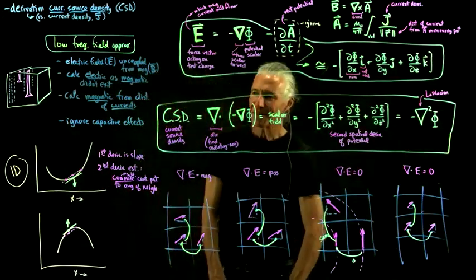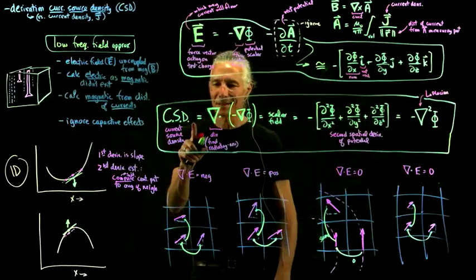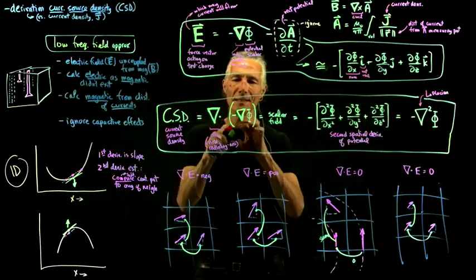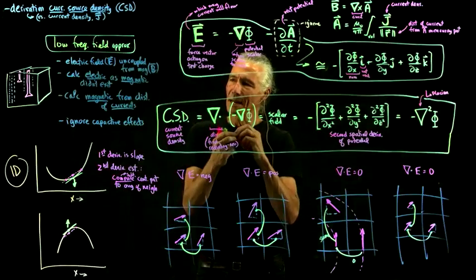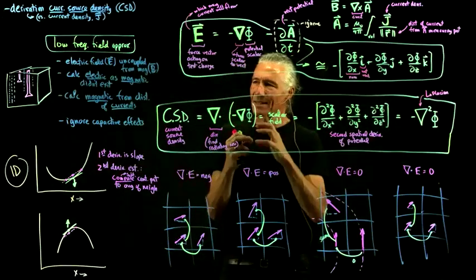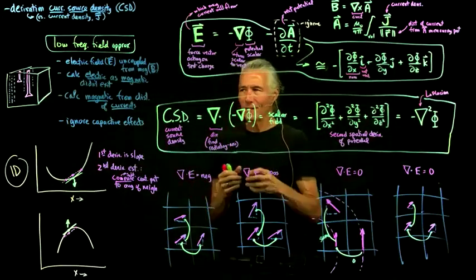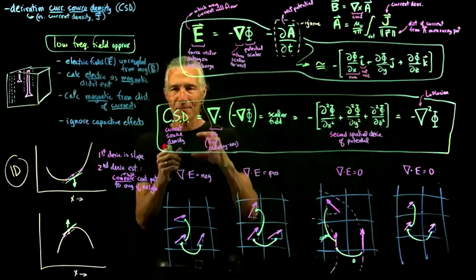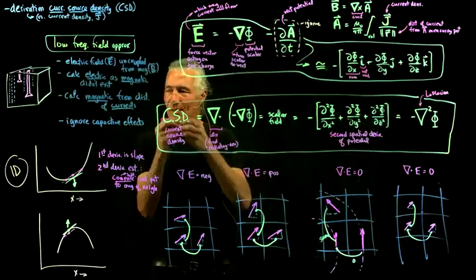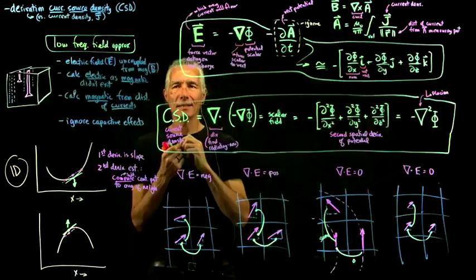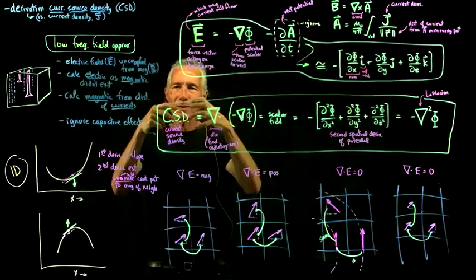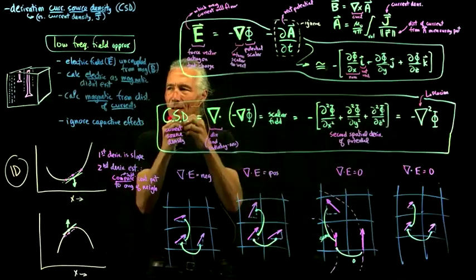So that's the divergence, the current source density. The current source density is basically how the electric field is geometrically arranged around each point. Is it arranged in an expanding thing or a shrinking thing or just circulating?